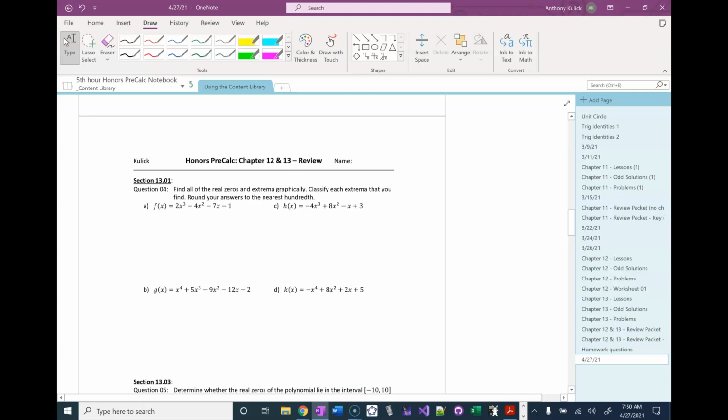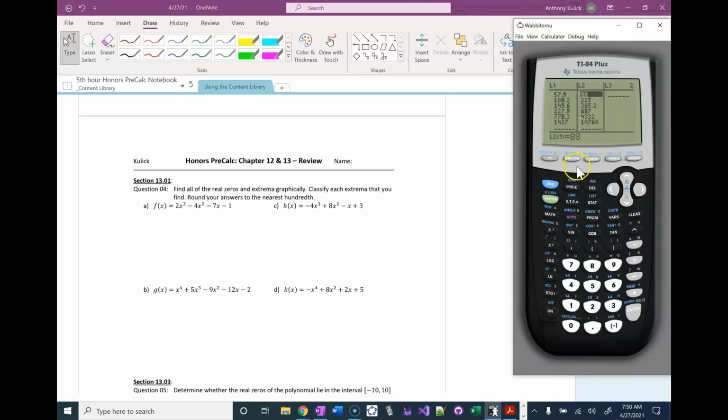Okay, so you're just typing this into your calculator to find the zeros and the extrema. So negative 4x to the third, x to the fourth plus 5x to the third minus 9x squared minus 12x minus 2.